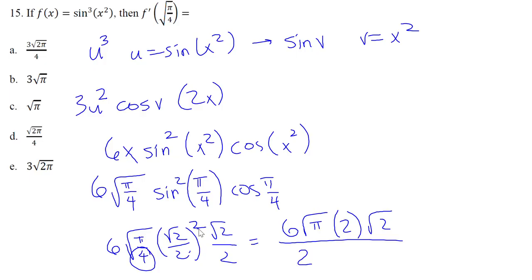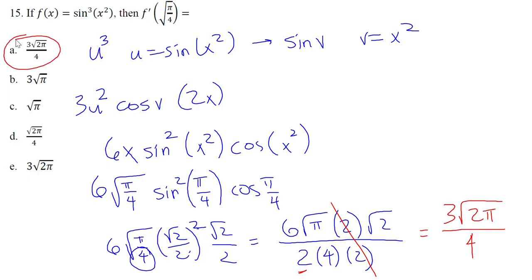And then the 2 squared will be a 4 in our denominator, and then we have another 2. So some of these 2's will cancel. We cancel a couple of the 2's out, and 6 over 2 should just be 3. So in the end, we've got 3, and we've got a square root of 2 and a square root of pi, so root 2 pi. And since we simplified the 6 with the 2, that 2 goes away, and we're just left with a 4 in the denominator, so we get 3 root 2 pi over 4.